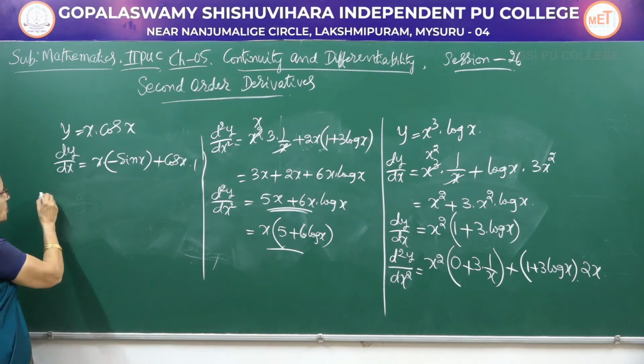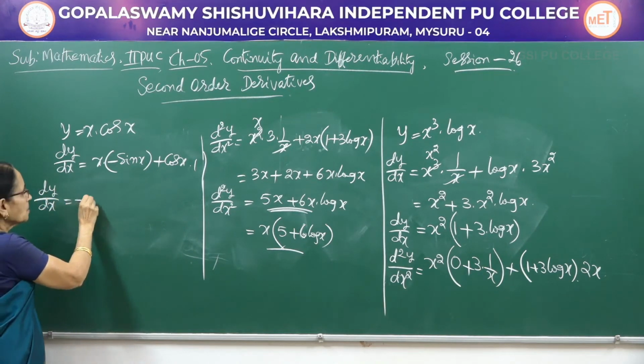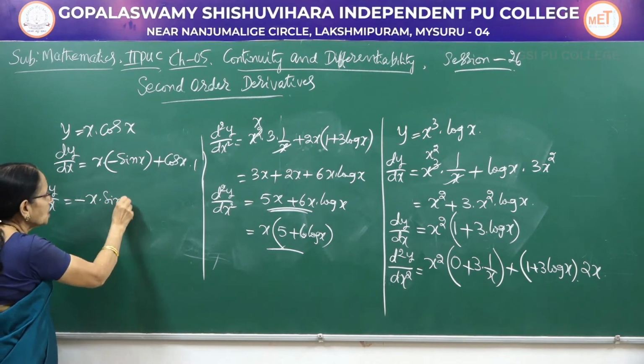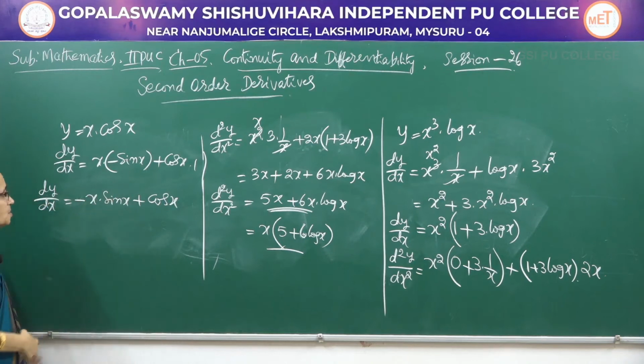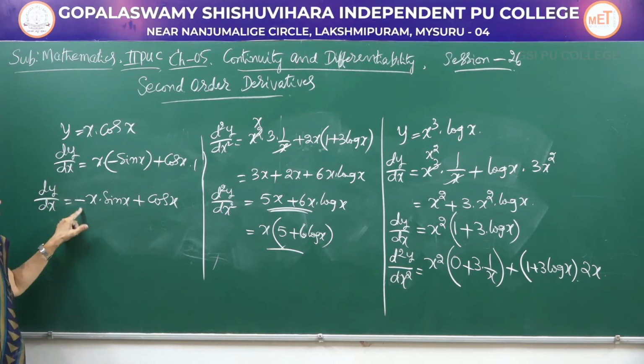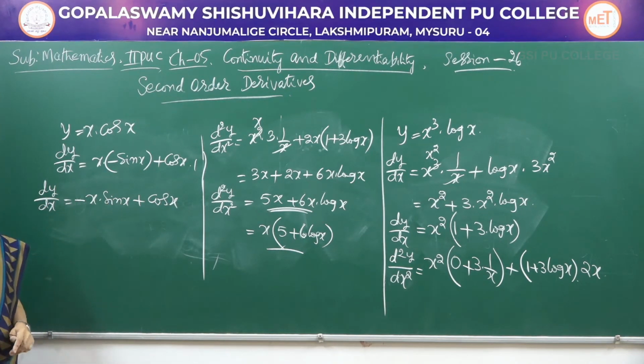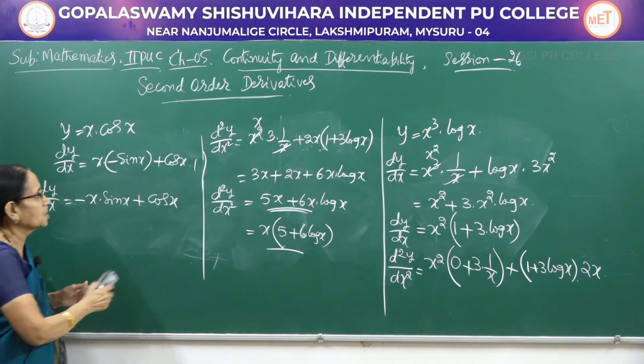So let me write it properly, that is dy by dx would be equal to minus x into sin x plus cos x. Now, after the differentiation, write one more step and write the proper order of the function so that it would be easy for you to go for the second derivative.